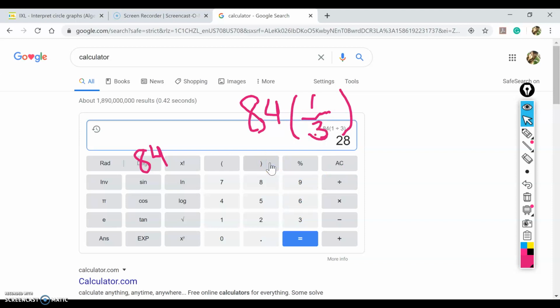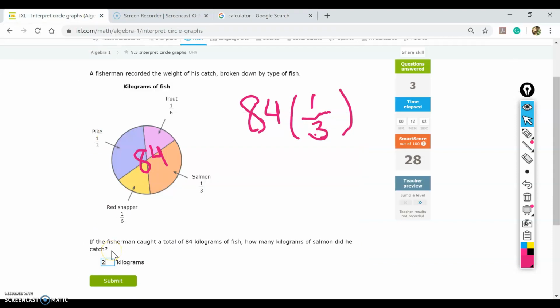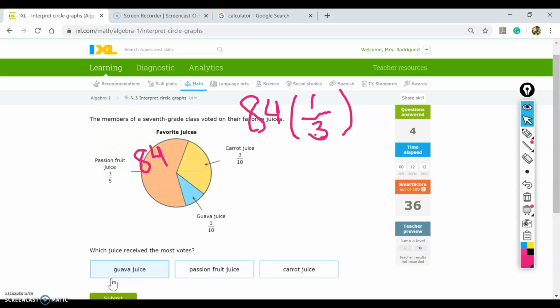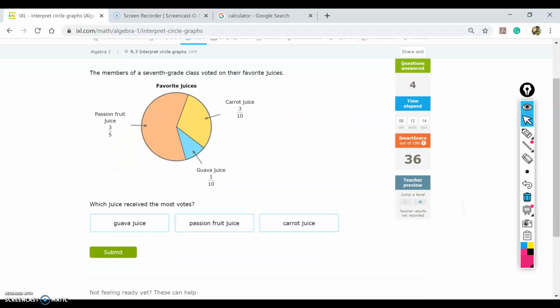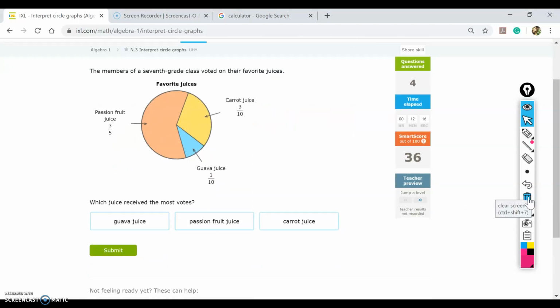Let's see, what is that equal to? And it gives me 28. So now let's see if that is correct. So that means that 28 kilograms of that 84 were only for salmon. So now let's see if that's true. And it was true. Okay, we're going for question number 5.